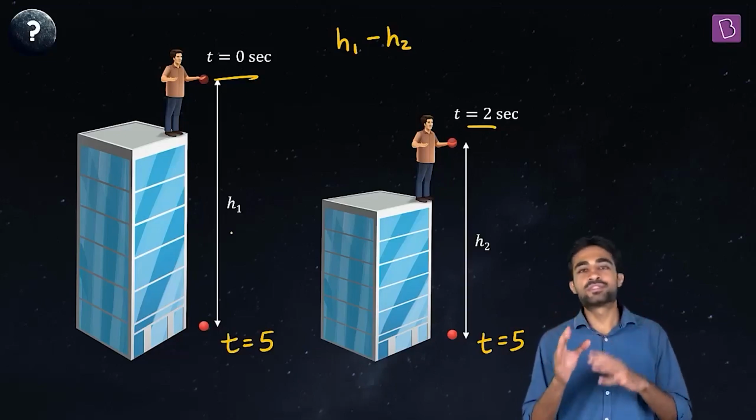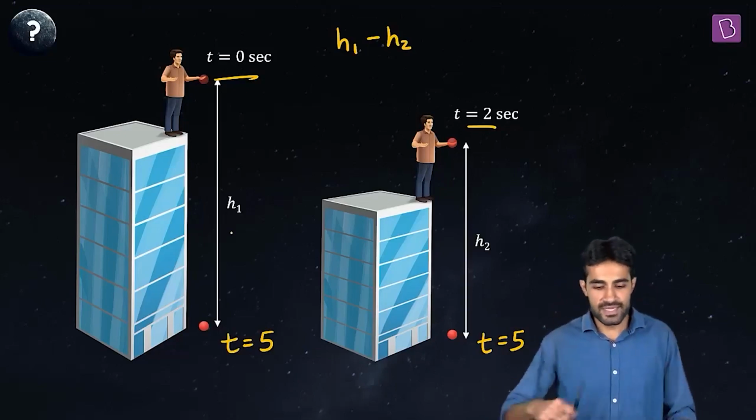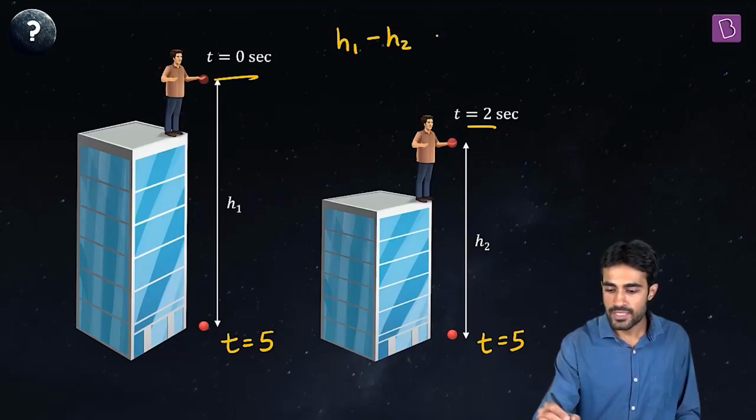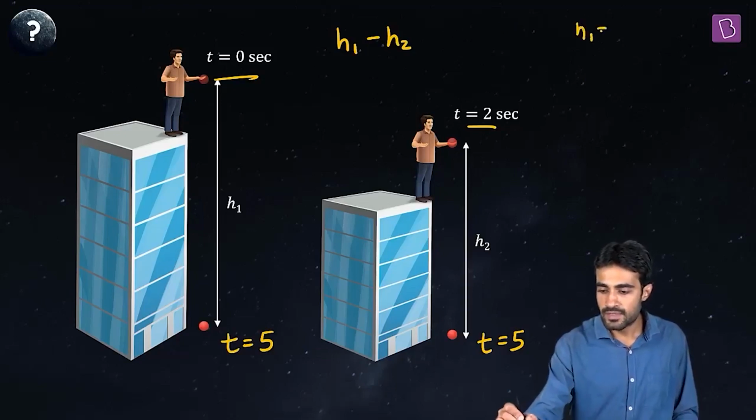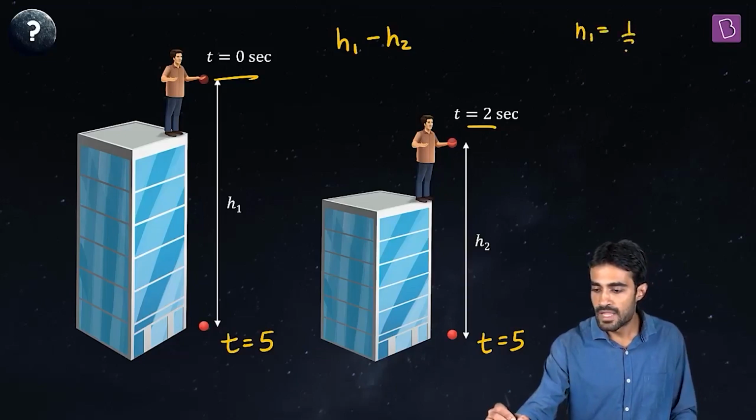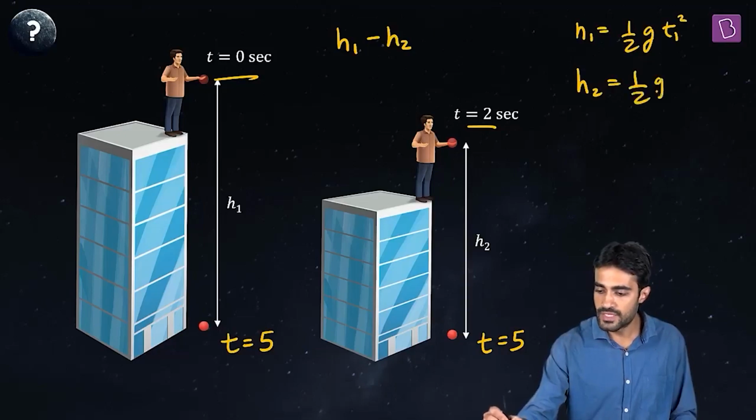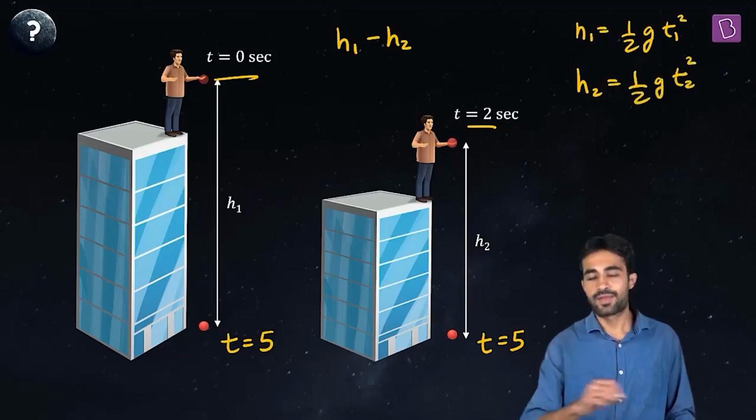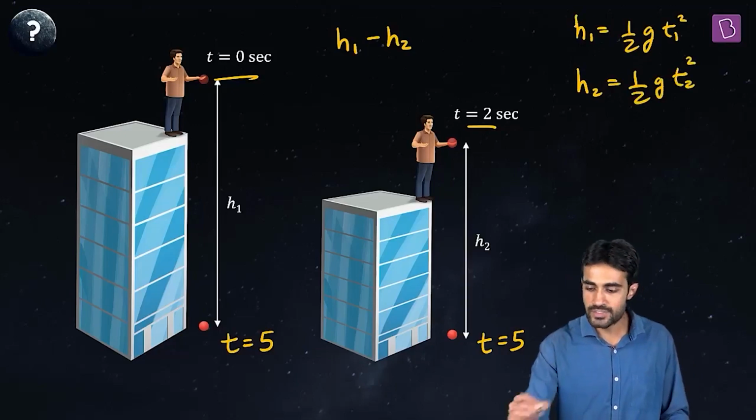If u is 0, then we can simply say that h1 will be nothing but half g t1 square and h2 will be half g t2 square. Got it? Yes, we got it.